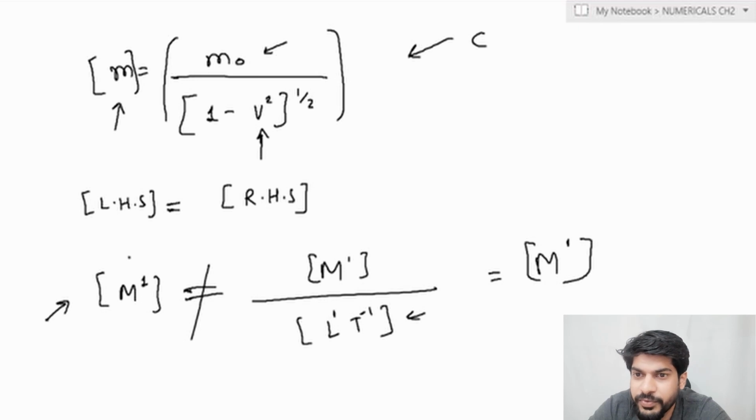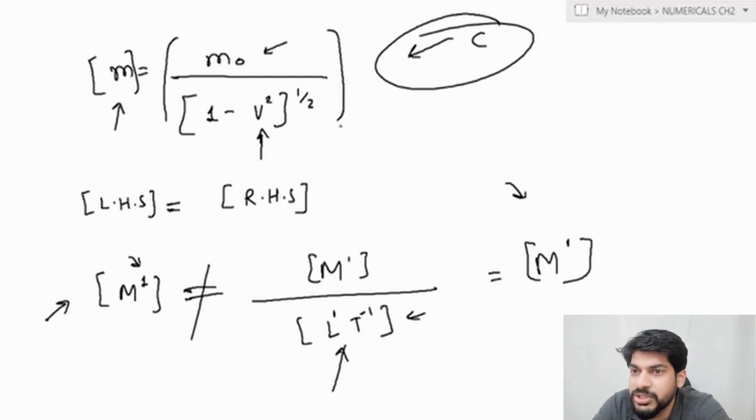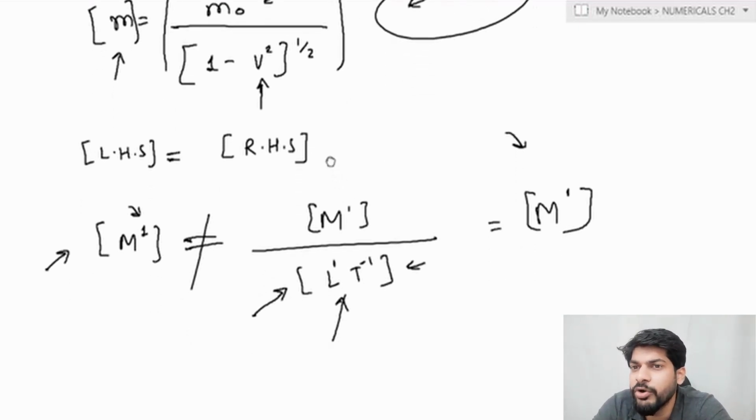That means we have to cancel out this one over here. Somehow we have to cancel it, so we have to put c in such a way that the dimensions in the denominator cancel out. Let's see what we can do here.